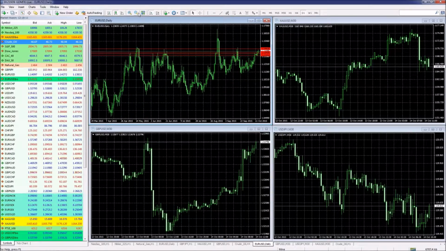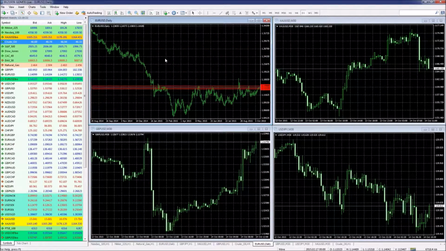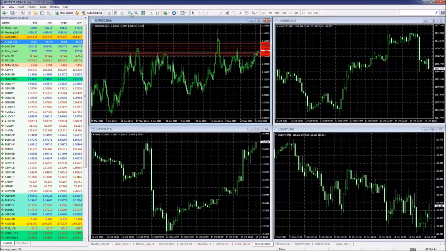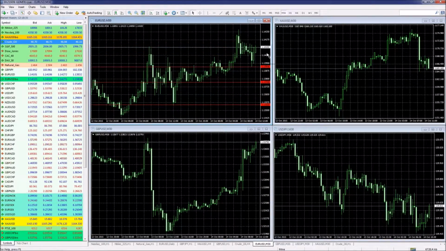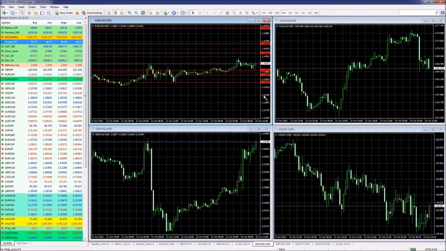If we just shrink a little bit so we can see something better here, we can see a good level here. You can see this one. And of course, one over here. And those are your levels.